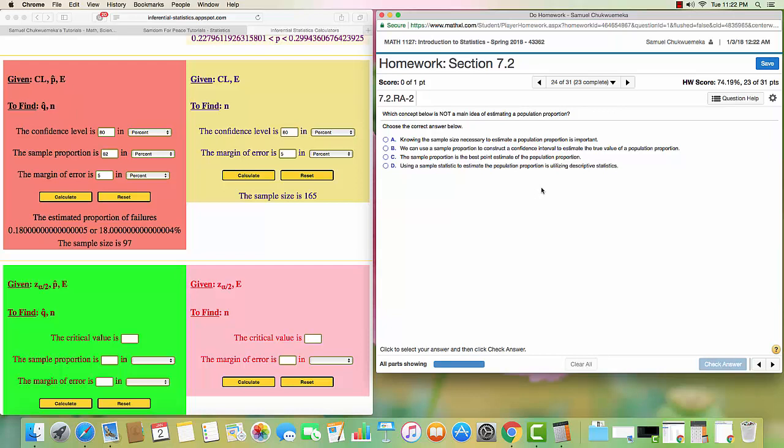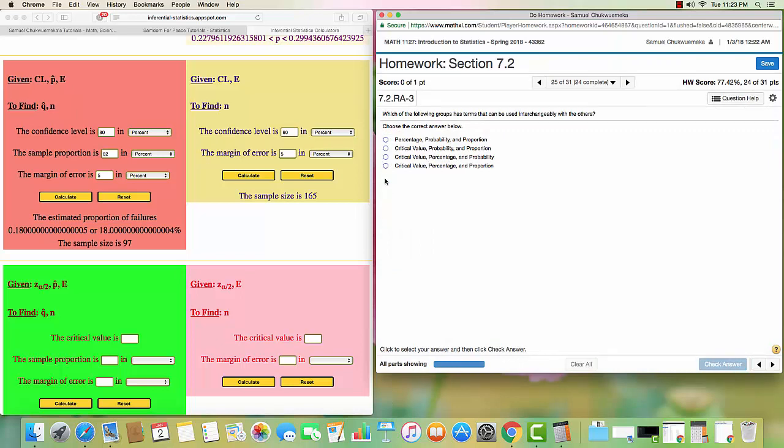That is one of the ways. B, we can use a sample proportion to construct a confidence interval to estimate the true value of a population proportion. That is one of the ways, correct? C, the sample proportion is the best point estimate of the population proportion. That is another way, correct? D, using a sample statistic to estimate the population proportion is utilizing descriptive statistics. Oh no, that's not it.